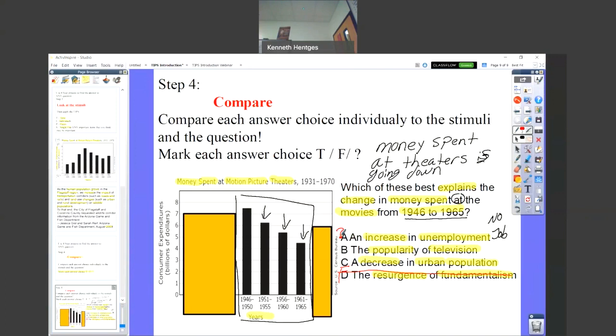Would TV becoming more popular lead to people not spending money at the movies? What do people do with a TV? What's the whole purpose of it? People watch it. So you can either go to the movie theater and spend money on the tickets and spend money on the popcorn and spend money on the Cokes, or you can sit at home and watch it.